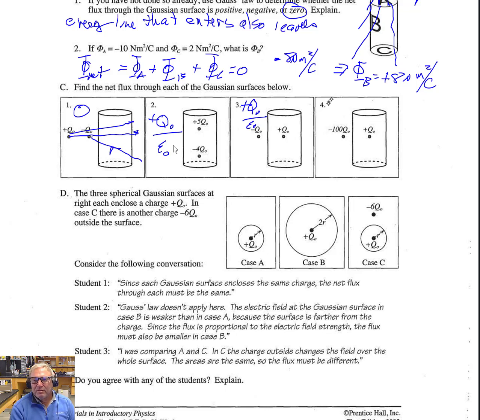And this one also is plus Q0 over epsilon 0, because even though this is huge, every flux line that enters is going to leave.